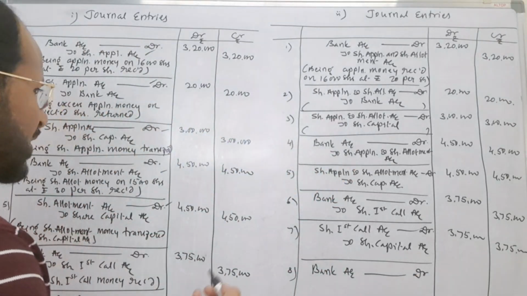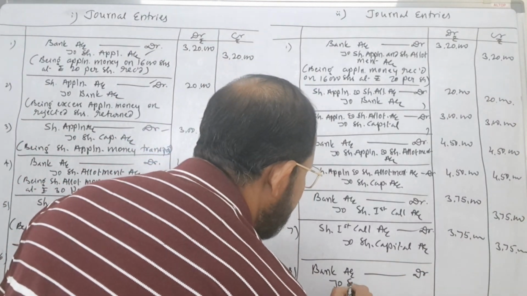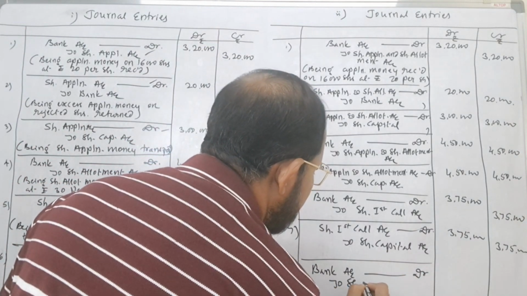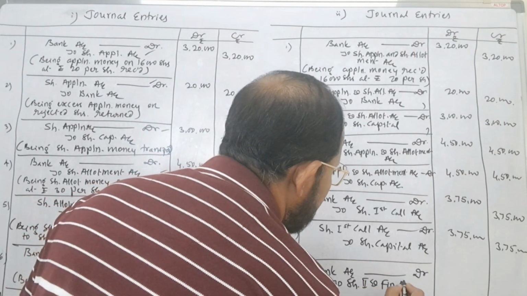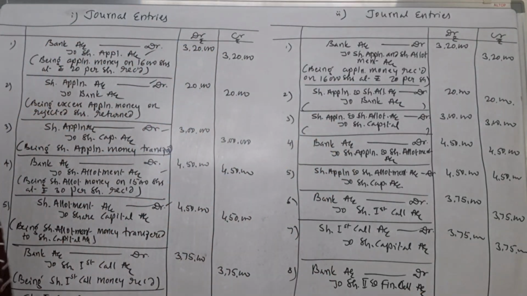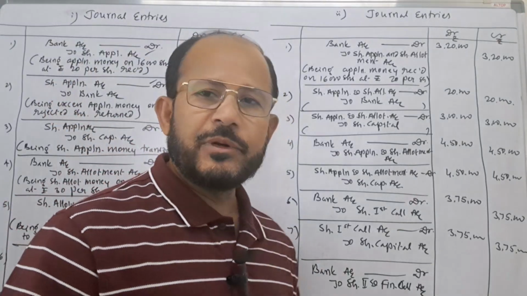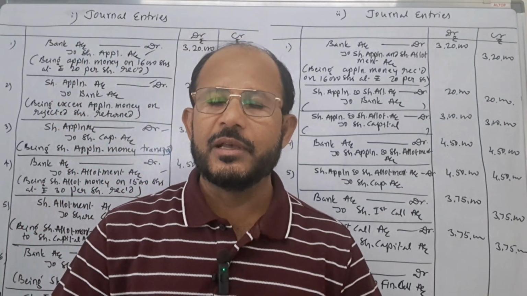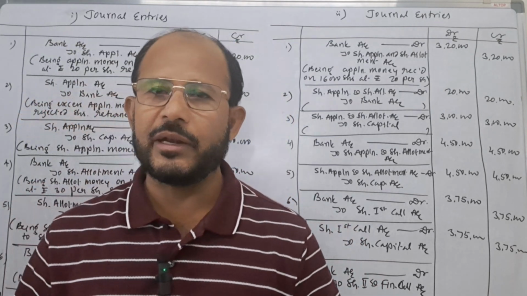What is the amount? You just have to calculate and write here. To share second and final call account. Whatever amount comes, that you have to put here. Next one is when this amount is transferred to share capital account, the journal entry is share second and final call account is debited and share capital account is to be credited.